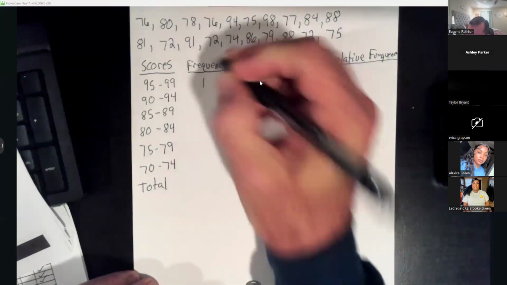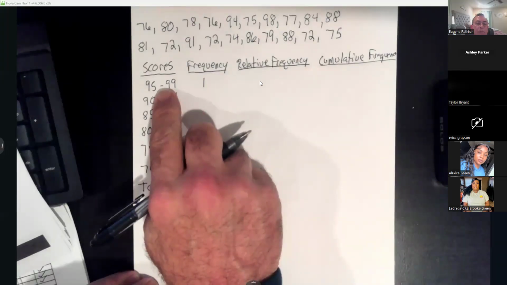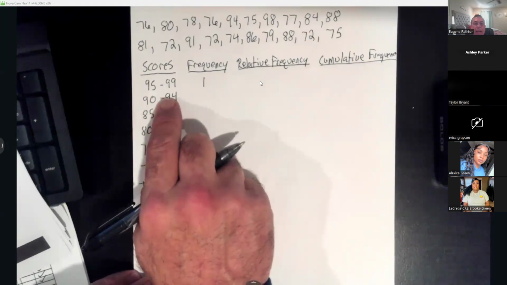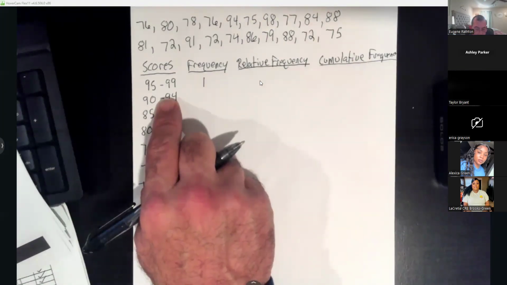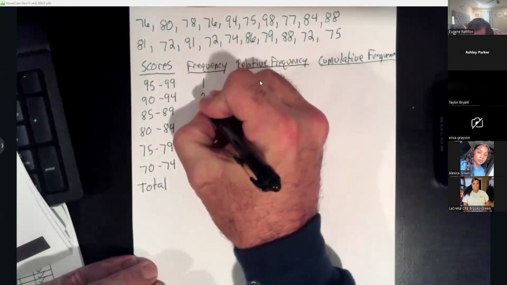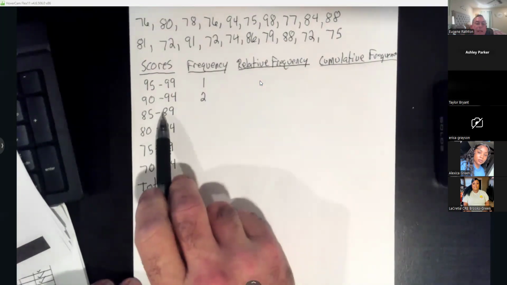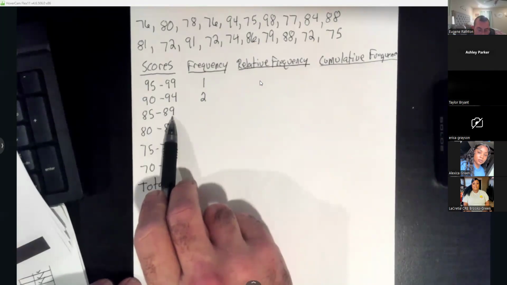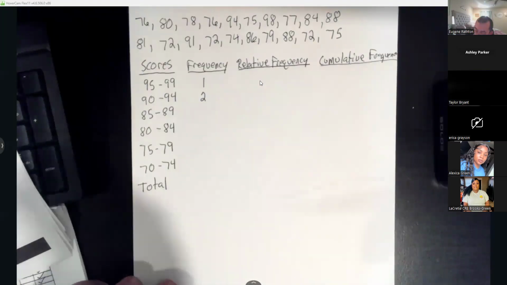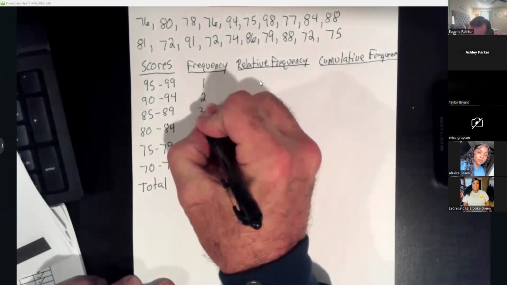So that's a frequency of 1 for the first bin. How about 90 to 94? So how many of y'all getting 2 in that bin? All right, next we got 85 to 89. So y'all got 3 on that one.